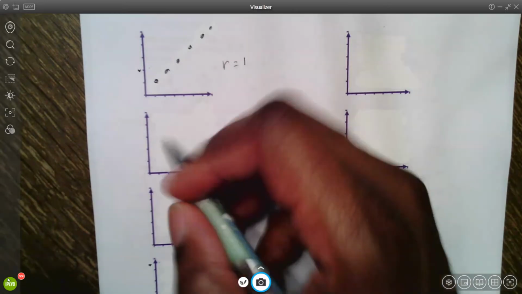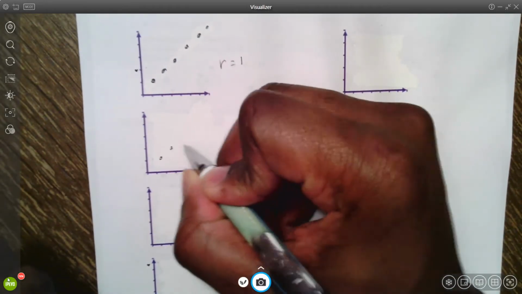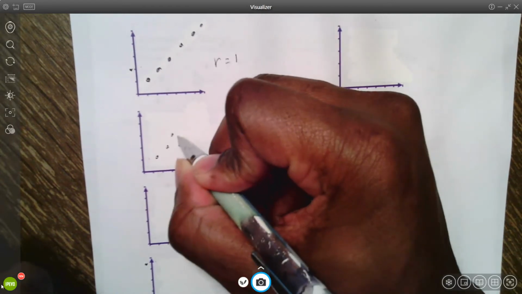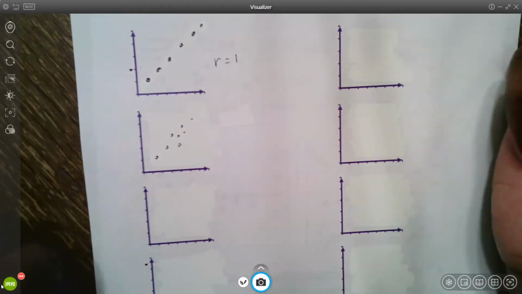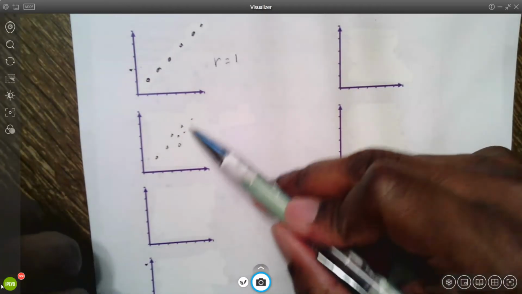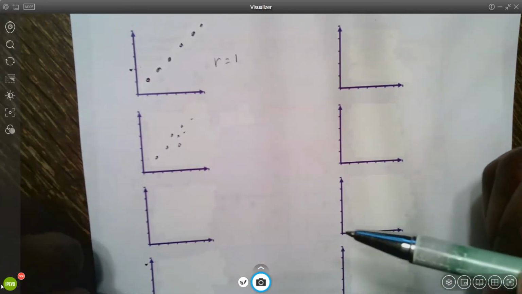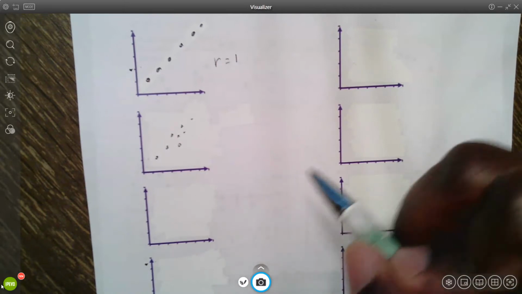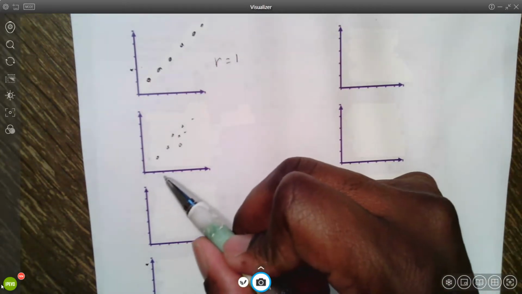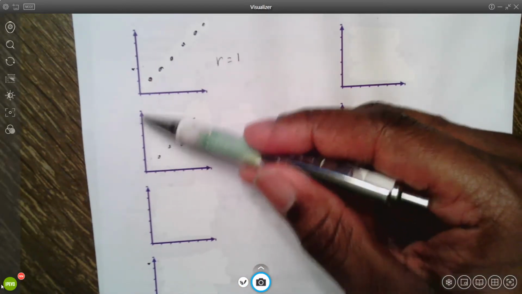For example, let's say I had this data set. I had a dot here, a dot there, a dot there, a dot there, and dots kind of there, right? Looking at that, it's not a perfect correlation, but it does look like a correlation is happening. In this case, let's say this is representing the amount of money you spend to make a movie and the amount of money it makes at the box office, right?